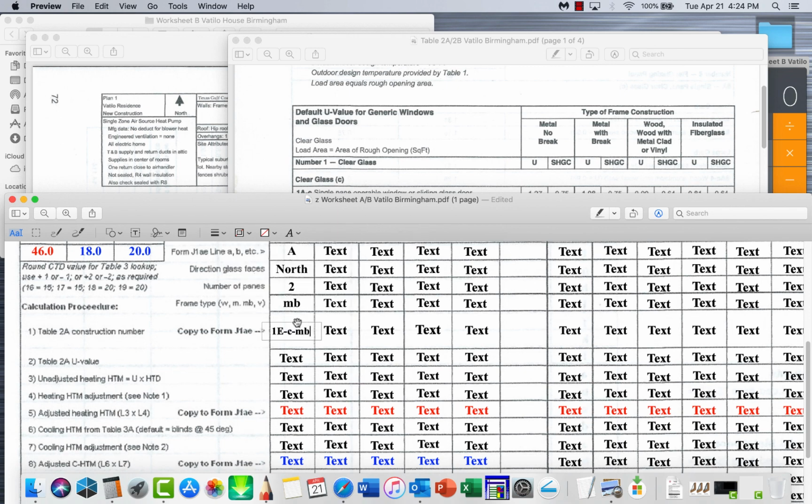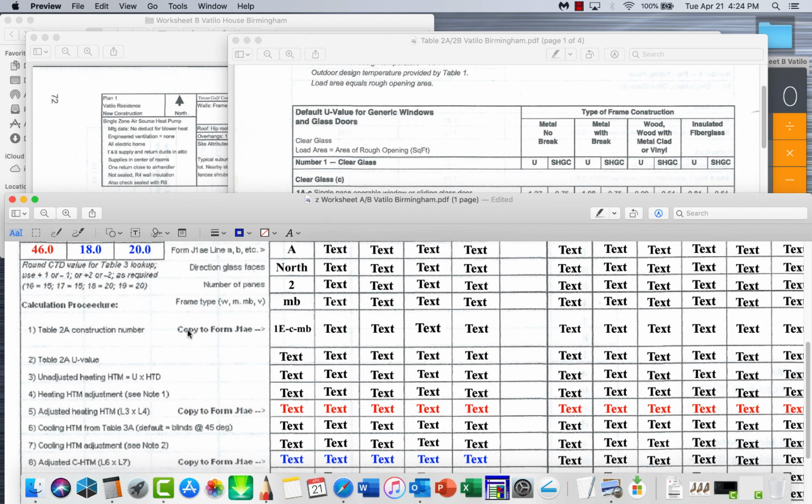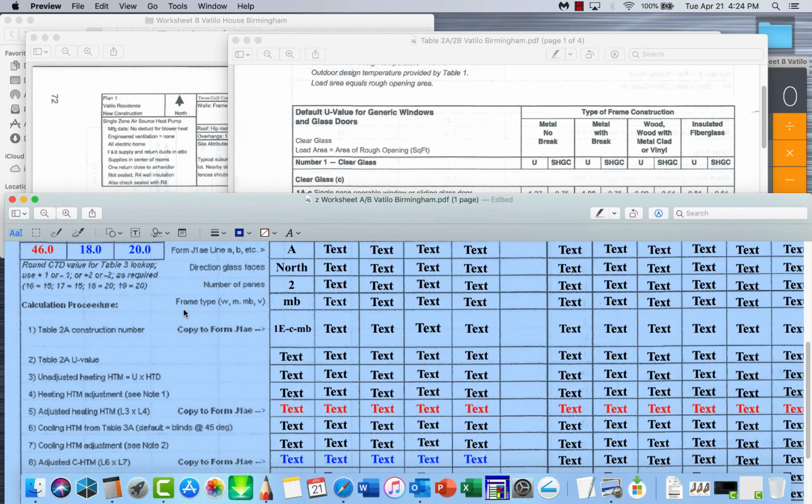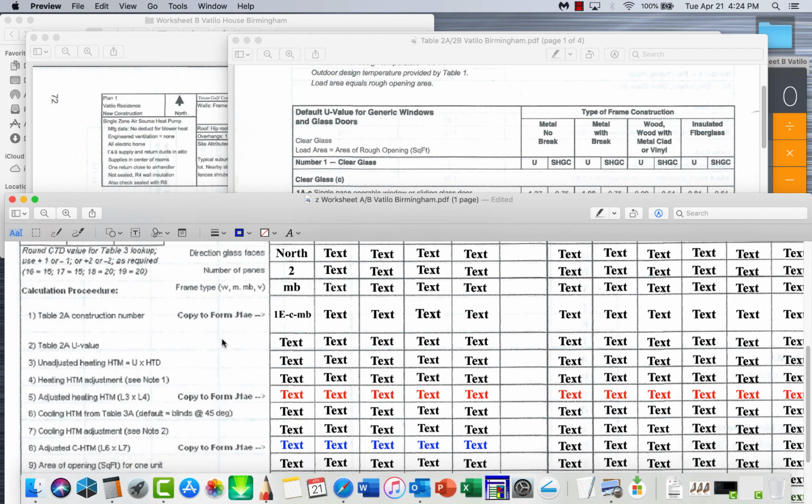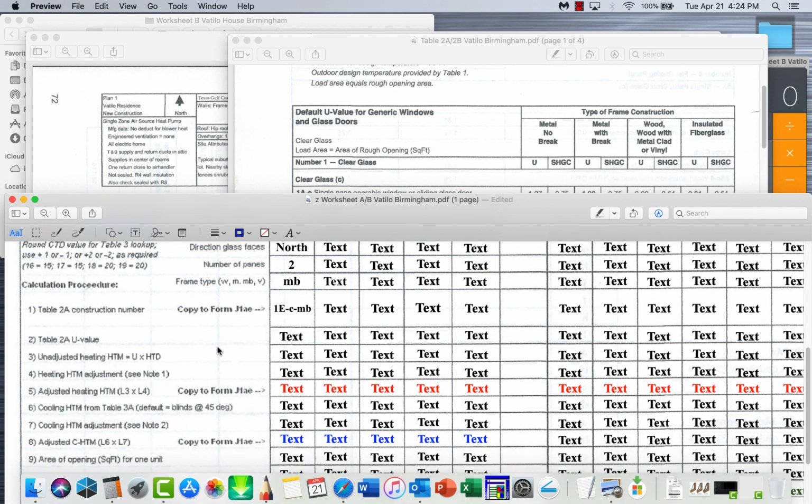There we go. It's 1E-C-MB. All right. Now, as you see right here, it says copy to form J1ae. I wouldn't do that right yet. Let's just wait until we get this whole column done, and then we'll transfer everything over. I'll show you how to transfer.